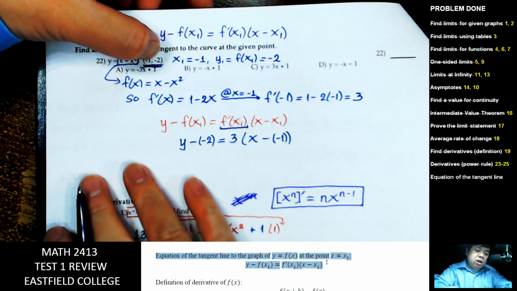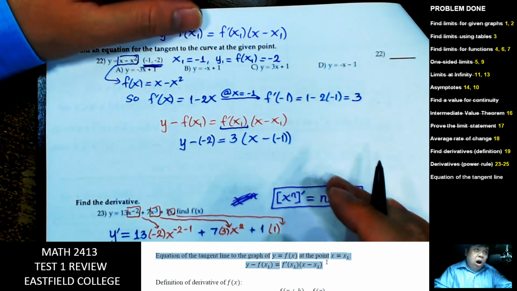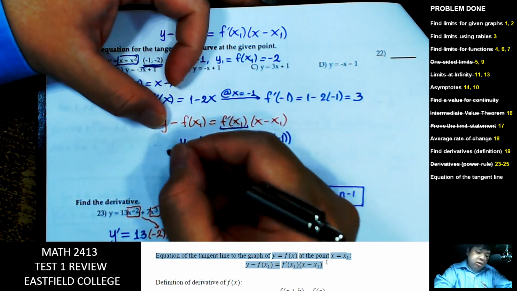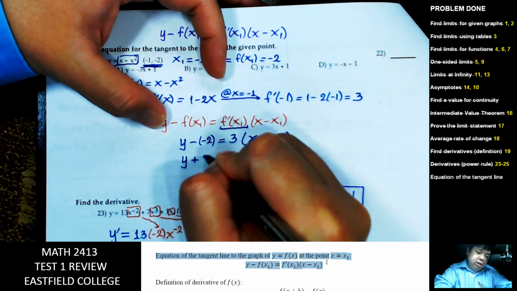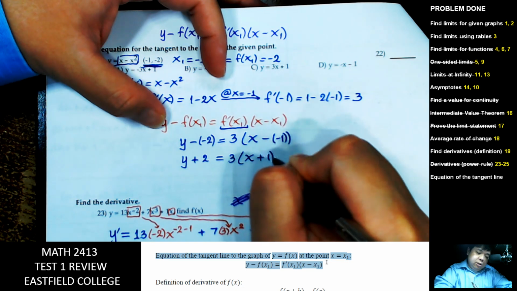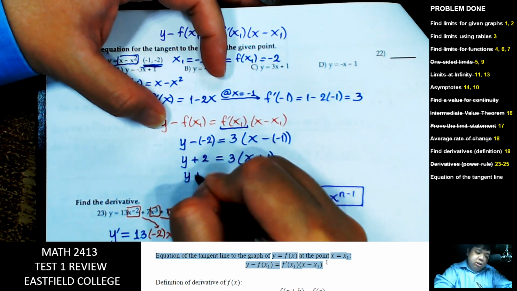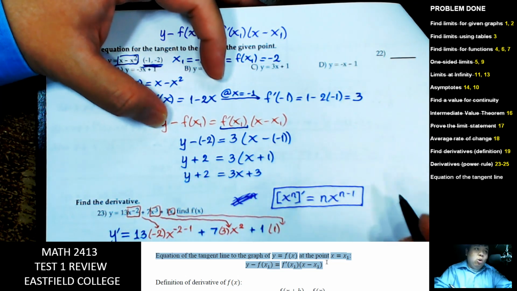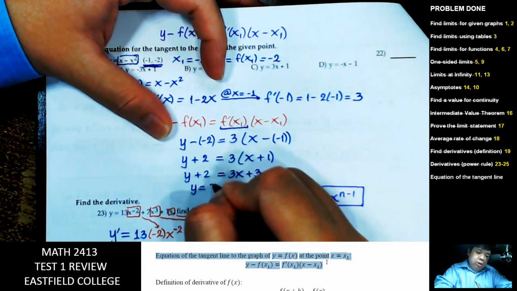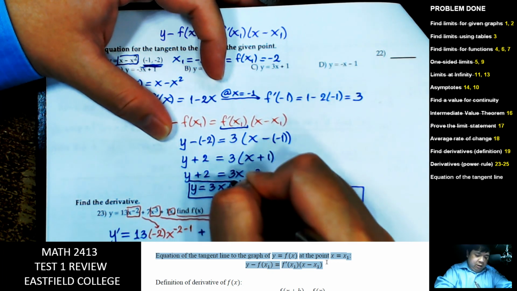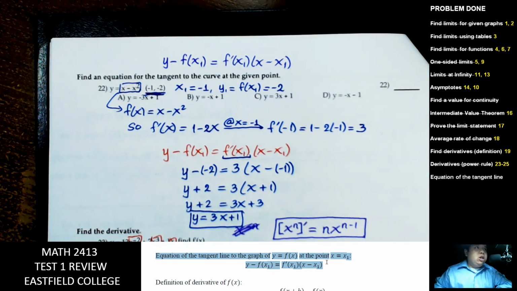So notice that in this everything is constant except for this x and that y, everything else is a constant. So we simplify. Multiply it out and move the 2 over. We have y equal to 3x plus 1. So that is 22.